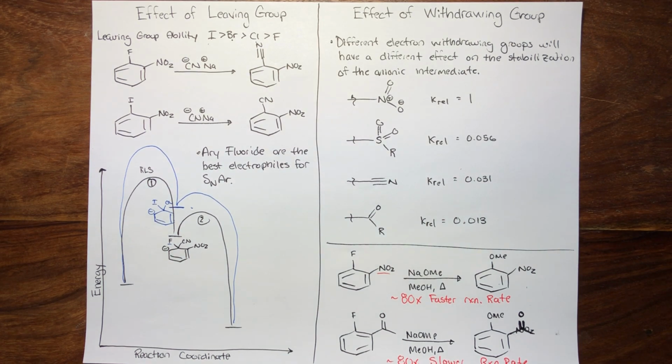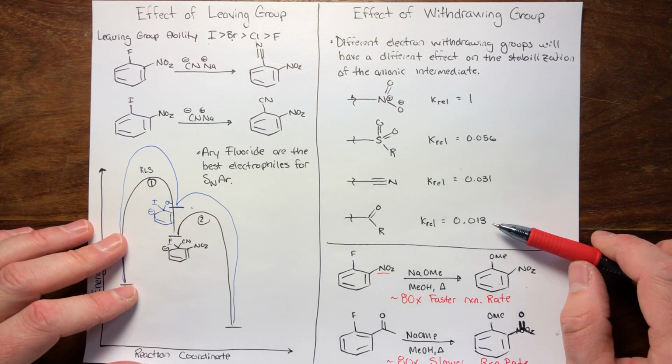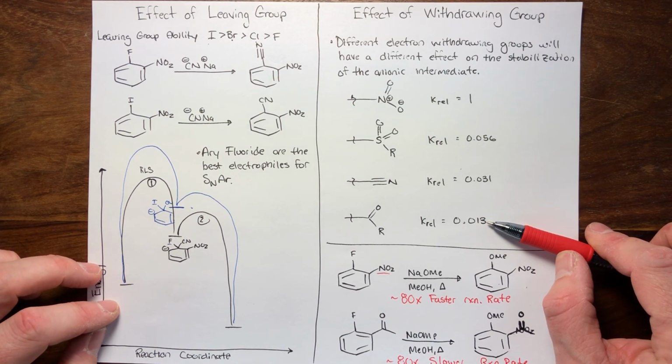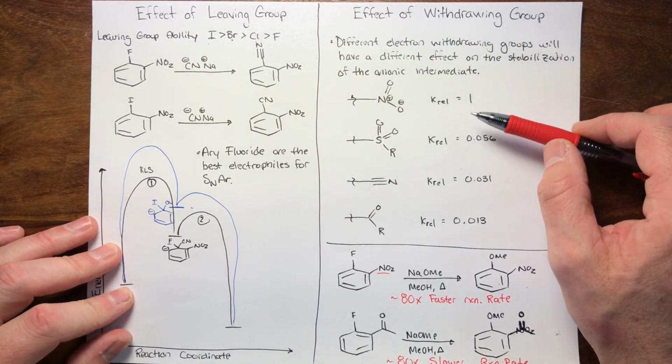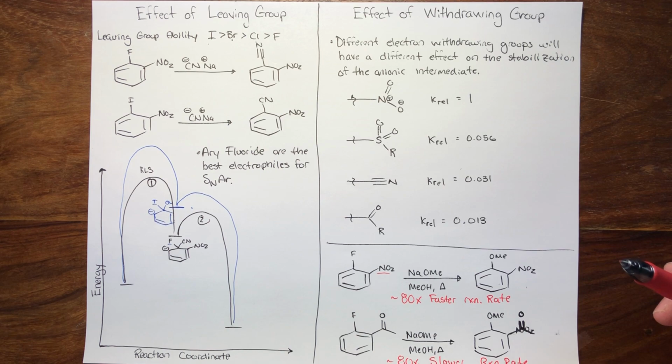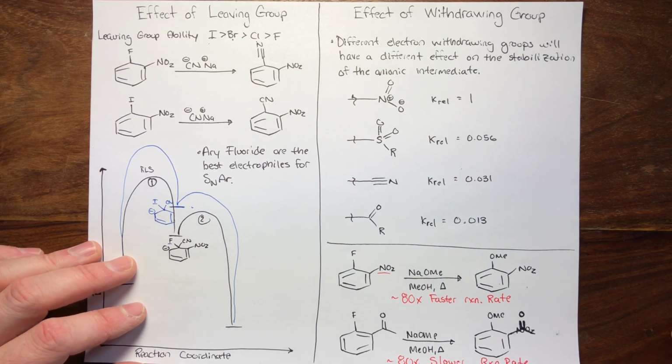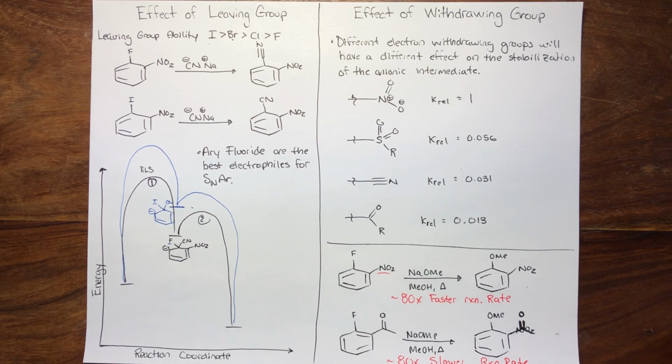We're not going to parse those out too much. We're not going to say that you can't accomplish a nucleophilic aromatic substitution if you have a poorer electron withdrawing group. And actually, these are not the only electron withdrawing groups that you can have. But it's good to understand that not all electron withdrawing groups are going to have the same stabilization capability of that anionic intermediate. In the next video, we're going to take a look at a couple of specific examples of nucleophilic aromatic substitution. But at this point, you should be familiar with the basics laid out in these two slides.